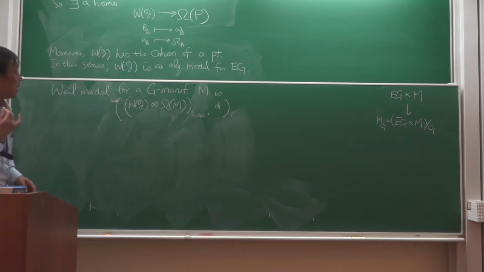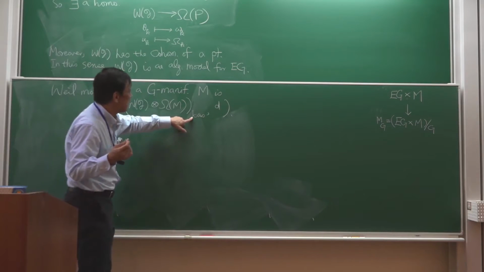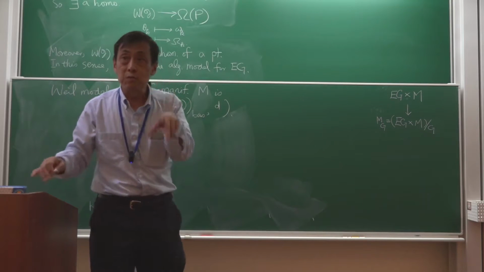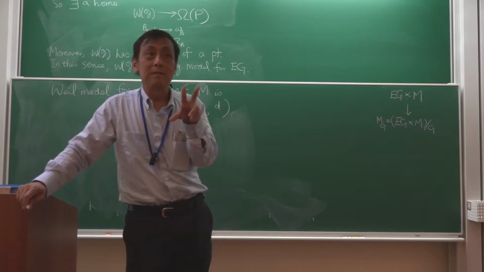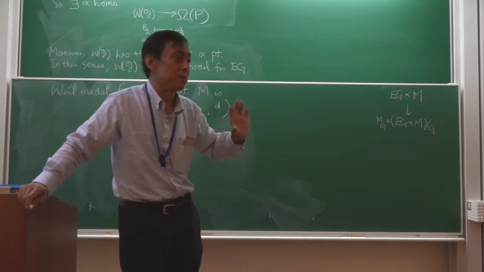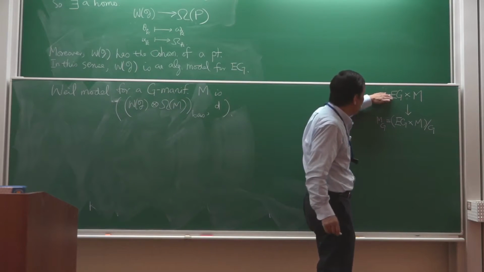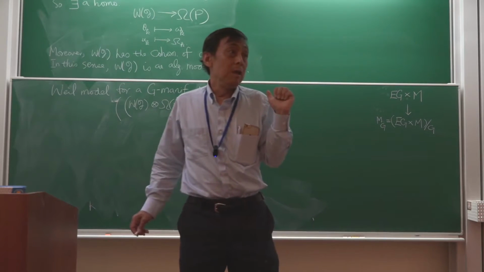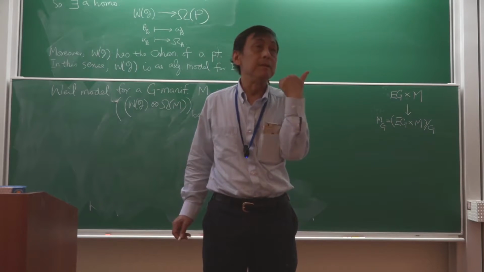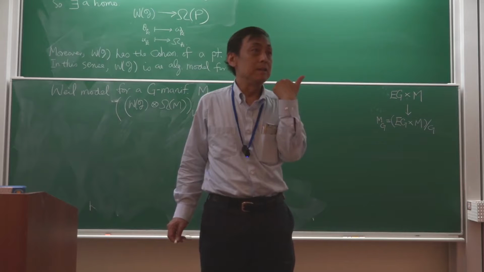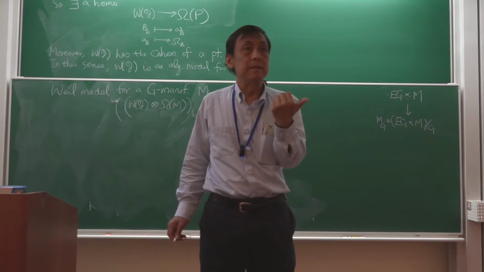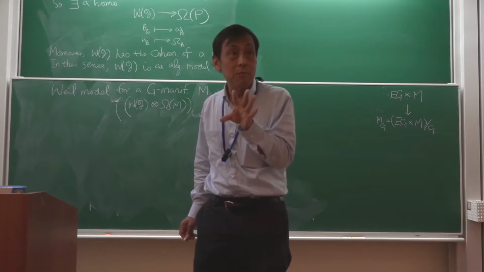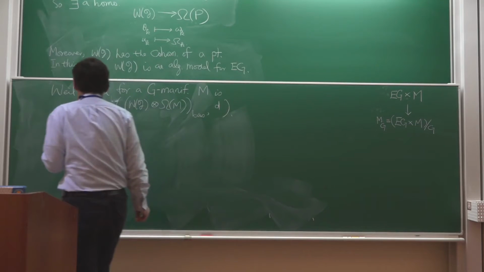And so an element is basic if and only if it satisfies two conditions, right? What are the two conditions for an element to be basic? To be basic means that it comes from the base. Yeah, it's horizontal and it's invariant. Okay? And if the group is connected, then it's invariant if and only if the Lie derivative is 0 with respect to all vertical vector fields.